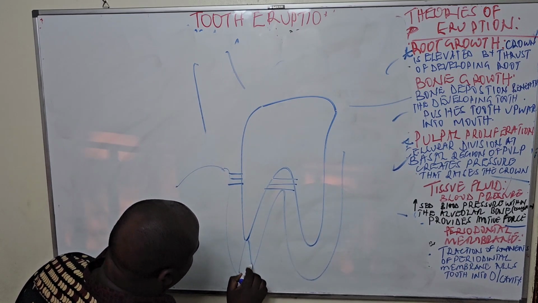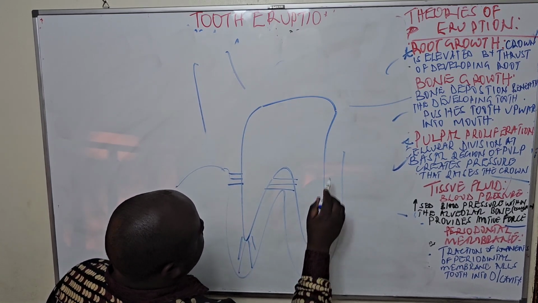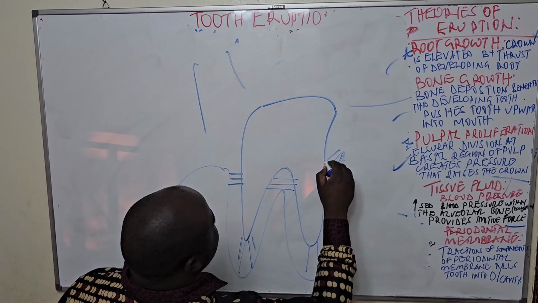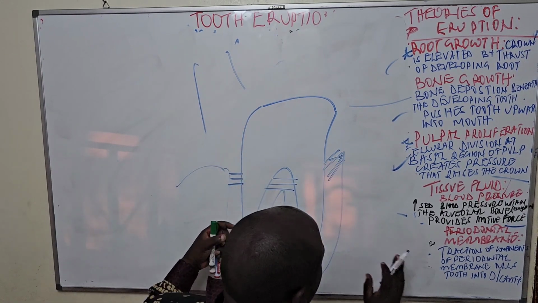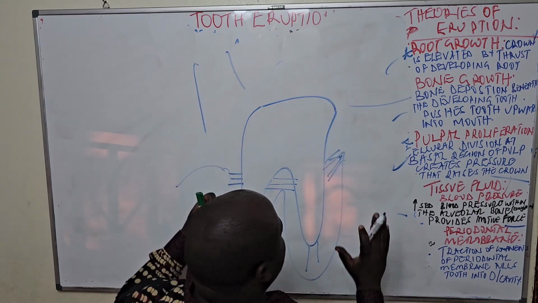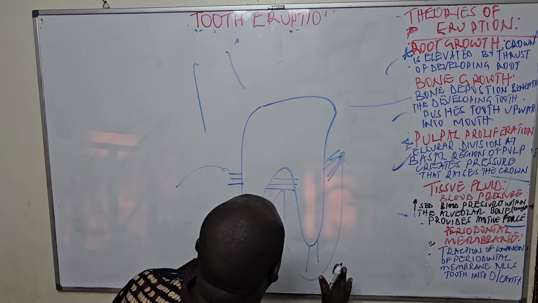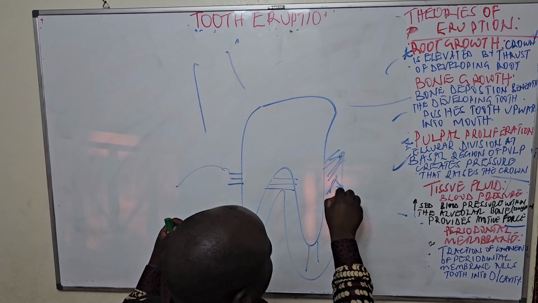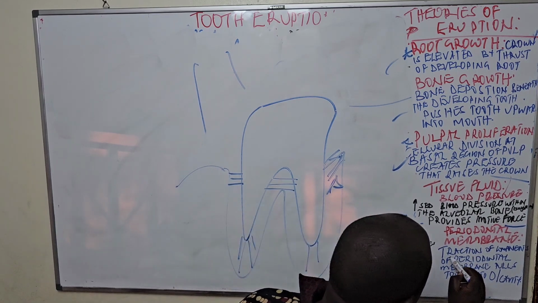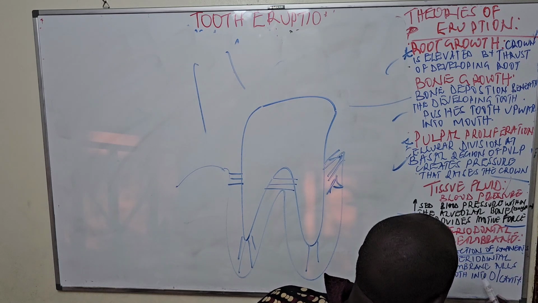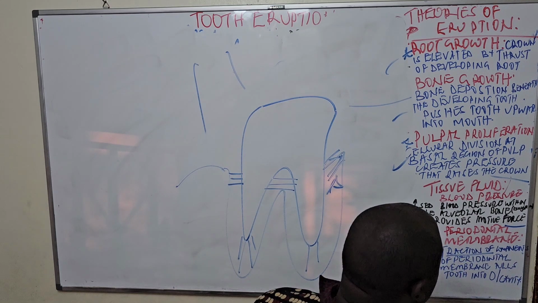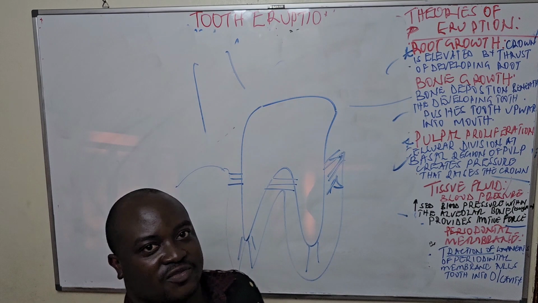We have the apical fibers. We have the ones towards the crest. So all these forces create a thrust that pushes these fibers up. So this creates traction of components that pushes the tooth into the oral cavity.